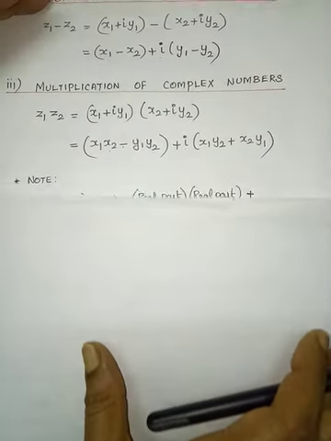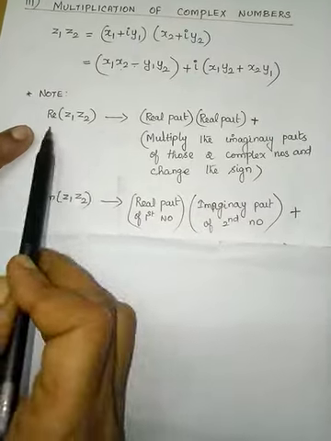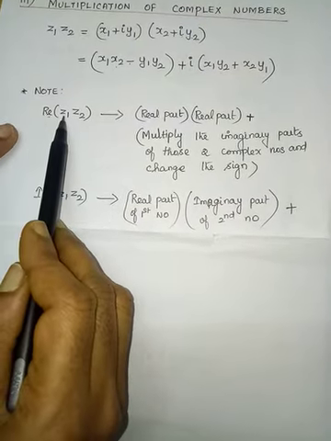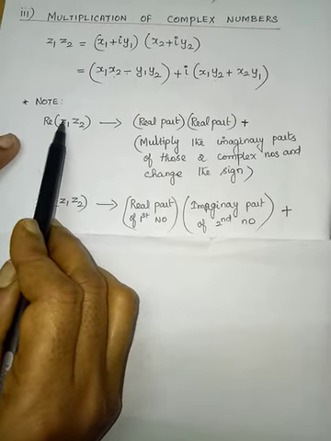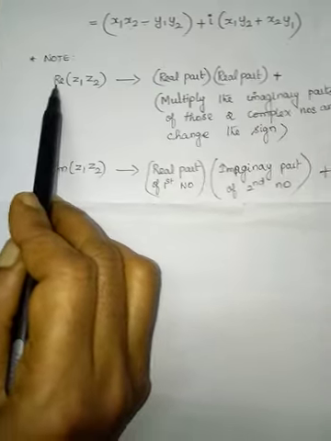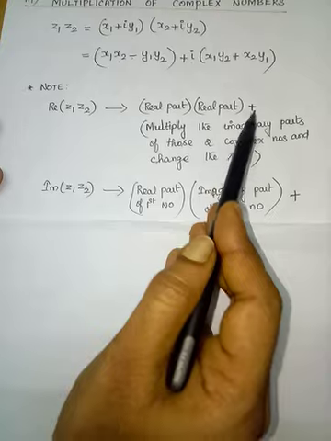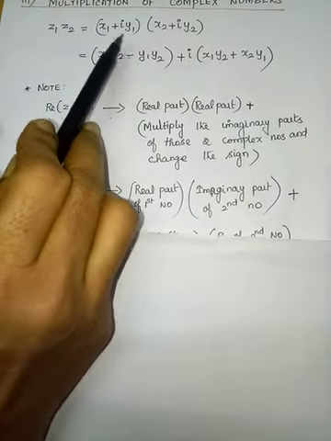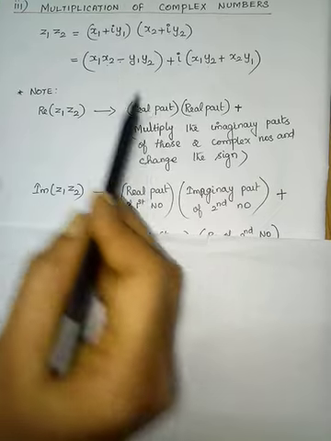Okay, see that I have written the notes. First, here I have written the real part of Z1 Z2, the product of two complex numbers. If you want to write the real part, what you have to do? Real part into real part, plus imaginary part into imaginary part, and you have to change the sign.